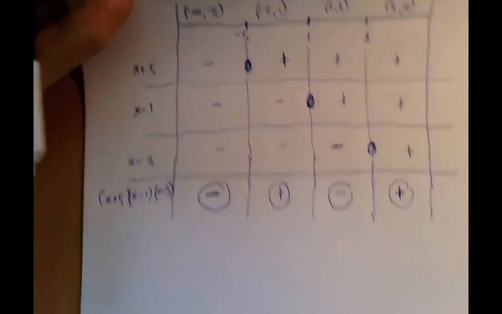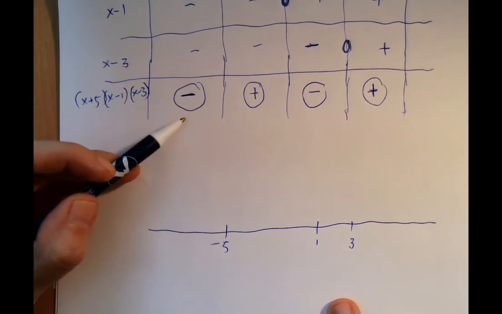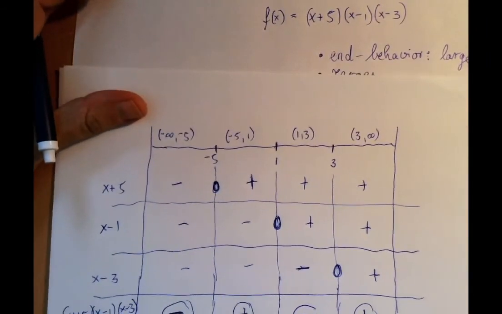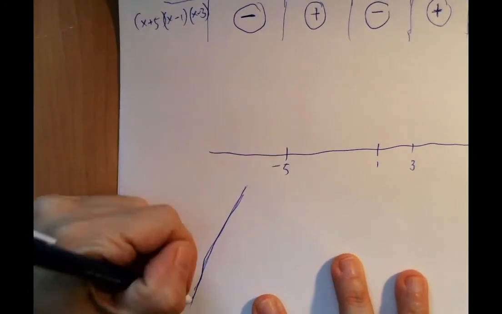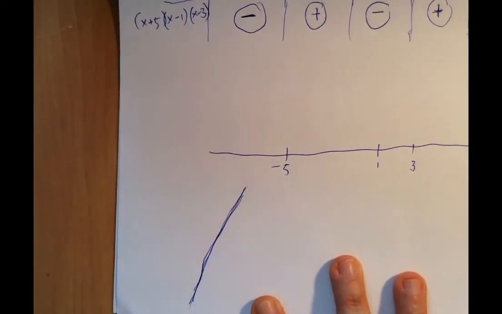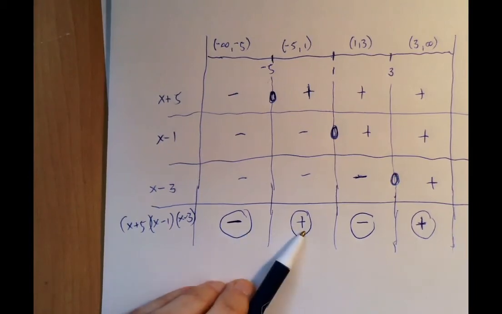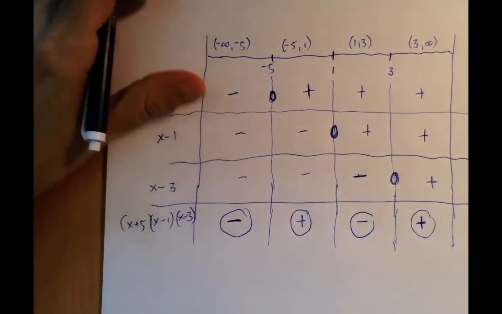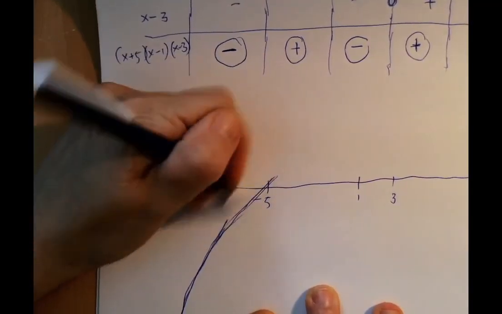So based on our table, we know that before -5, the function is negative because it's a polynomial, and remember we knew that the end behavior is large. So that means that the polynomial comes into the picture like this. And then from the left of -5 to the right of -5, this function changes sign from negative to positive. So we're just going to go through like this.